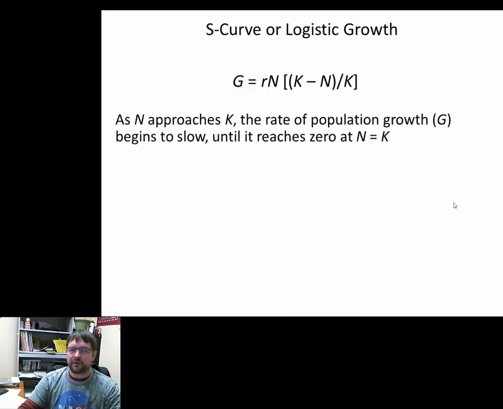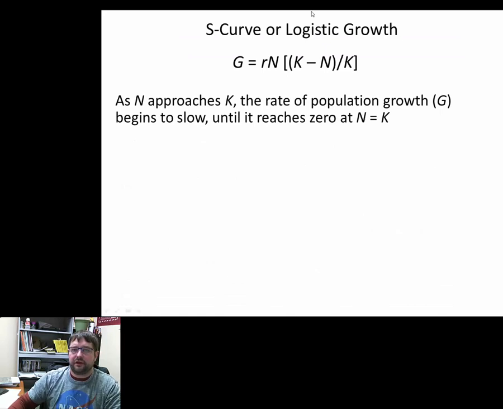Okay. So again, this is the equation. Another way to write the equation is growth rate is equal to the rate of increase times n, and then k minus n divided by k.